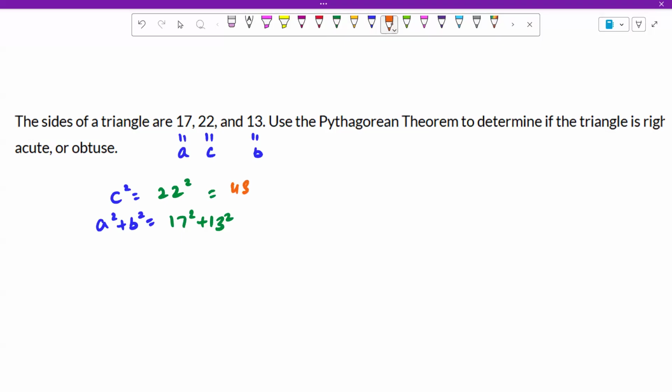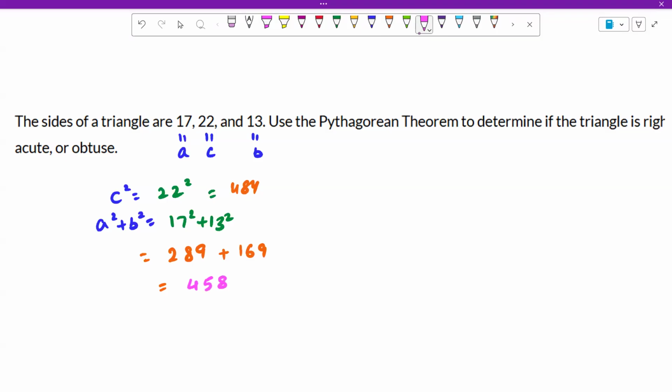Great. And over here, 17 square plus 13 square. 17 squared is 289, and 13 squared is 169. And their addition is 458.